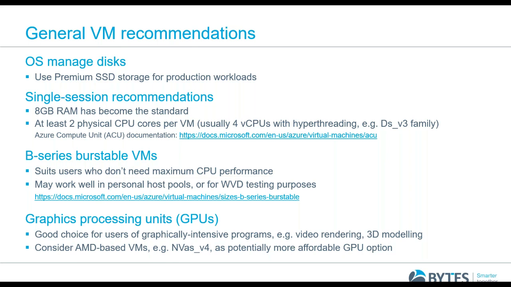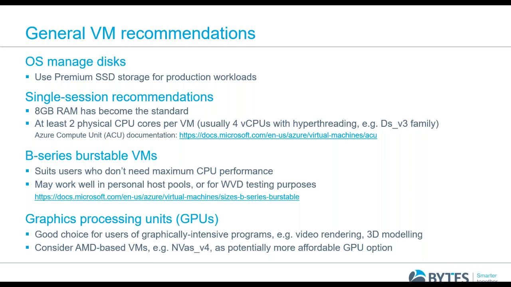If you're using a family like the DSv3 mentioned there, that uses hyperthreading, so you get 4 vCPUs there. Check out the Azure Compute Unit documentation for more information on how Azure splits physical CPUs into virtual CPUs.